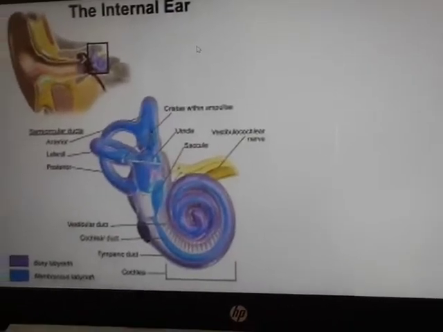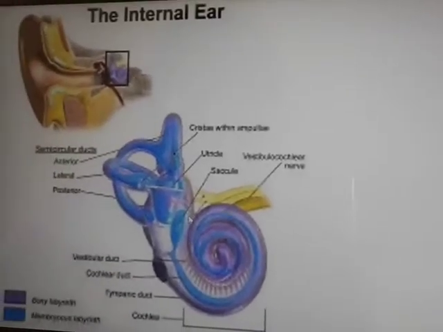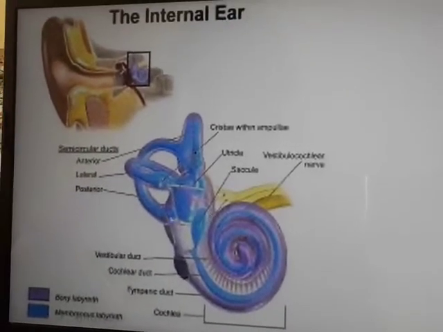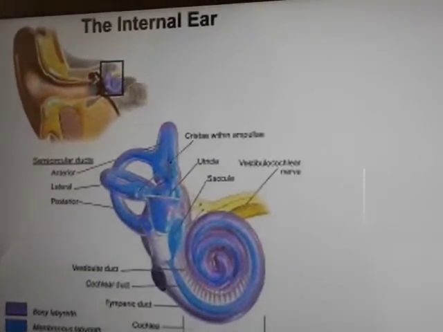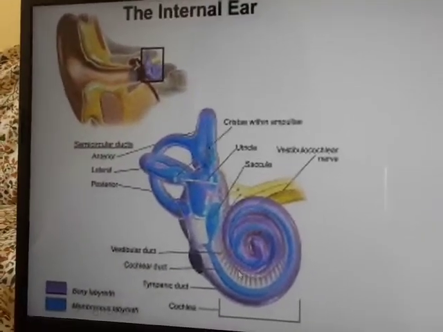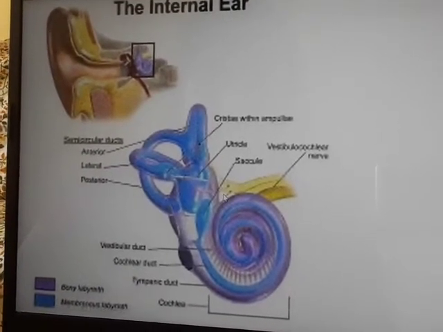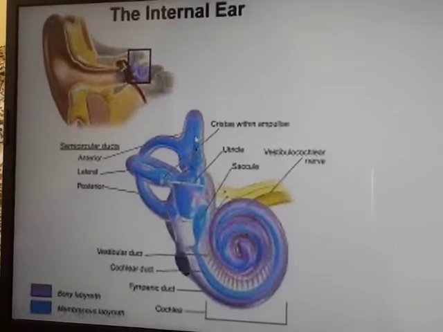Now this is the internal ear. Look, it's like a snail, but it is one of the most important structures of our brain. Why? Because it lets us listen. That's why we are able to speak and also protect ourselves from dangers in situations.